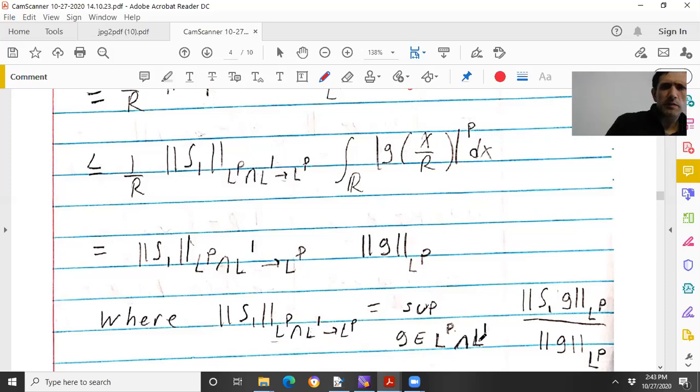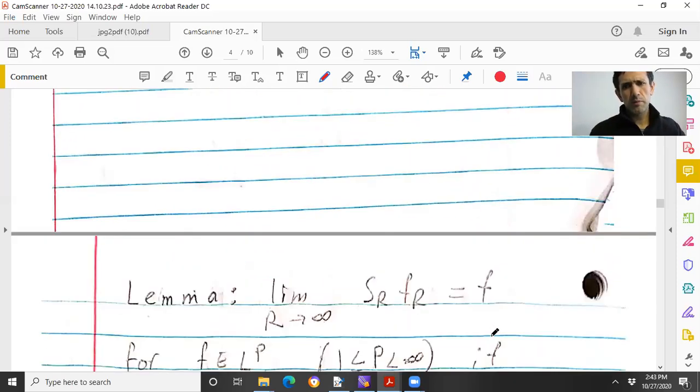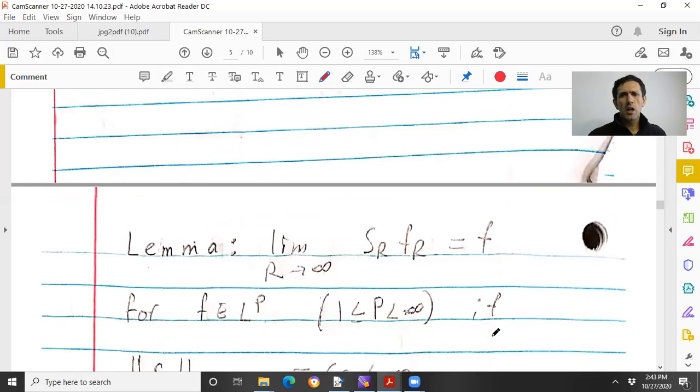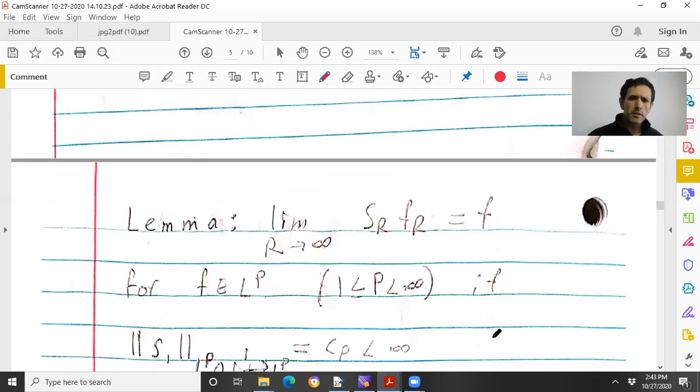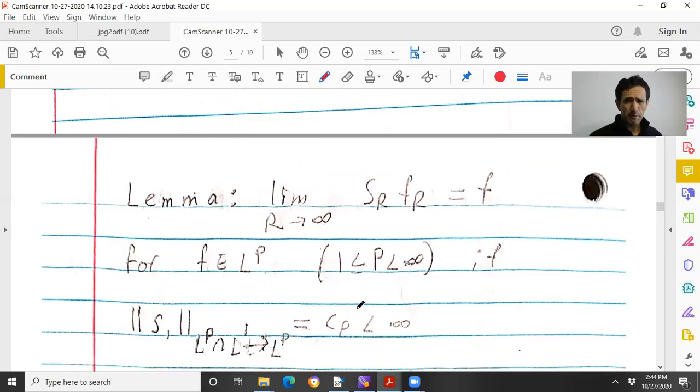Okay, right, so let's put this to good use to improve the following lemma. So for any dimension, the answer to our question is yes, if this bound here is finite.